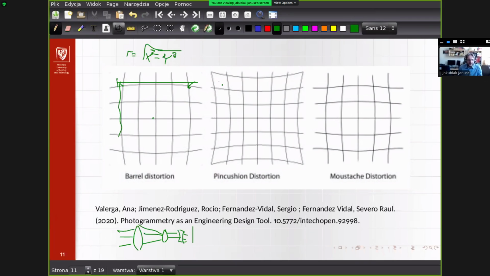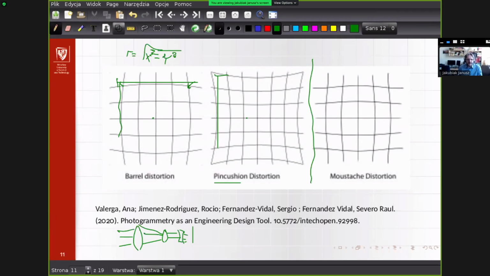Then you have the opposite type of distortion, when the distance, in fact, is bigger than it should be, and you call it a pincushion distortion, looking more or less in that way, just opposite to the barrel. The first two you can more easily deal with because they are uniform in different directions.